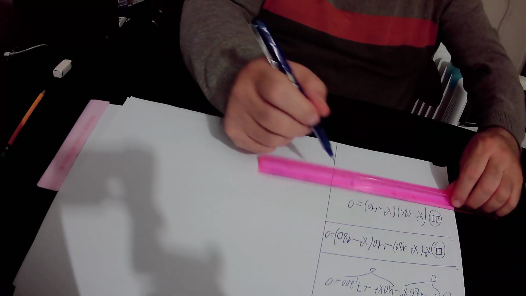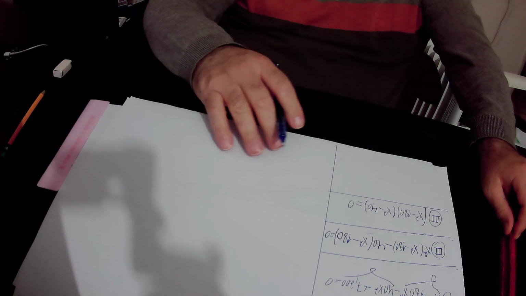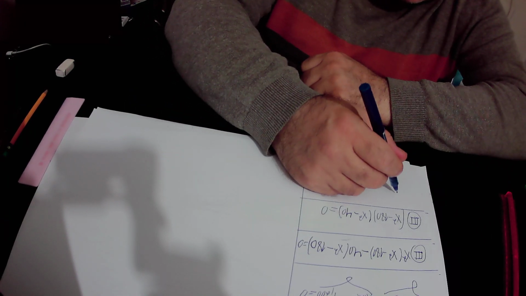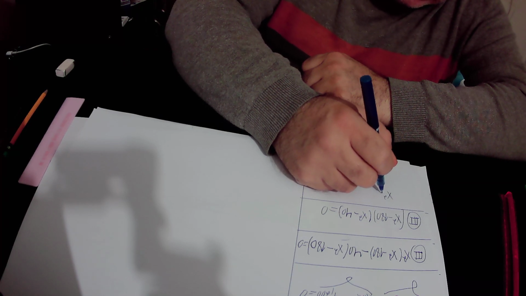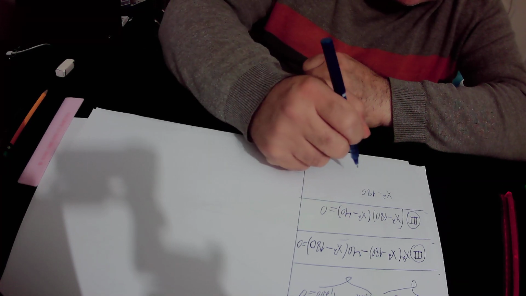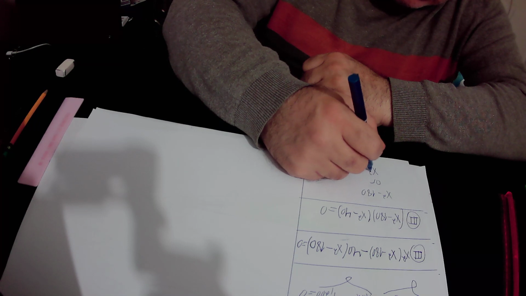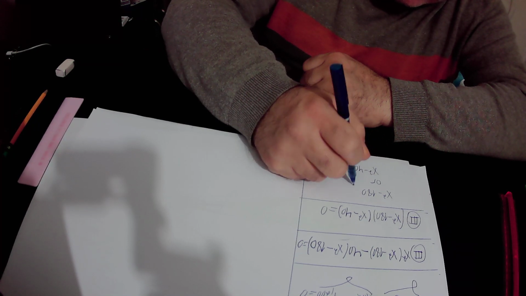Here we will have two possible solutions for x. The first solution is that either x squared minus 180 is equal to 0, or the second solution is that x squared minus 40 is equal to 0.